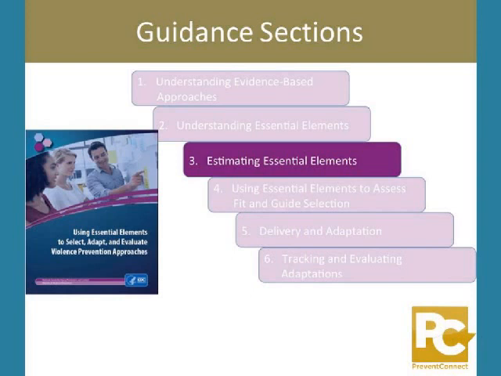We say estimating because I think it really is just that. It's an estimation based on the best available information. We are mostly going to show examples of the application of this to programs, but you should know that in the guide we apply this not only to programs but to community and societal level strategies.